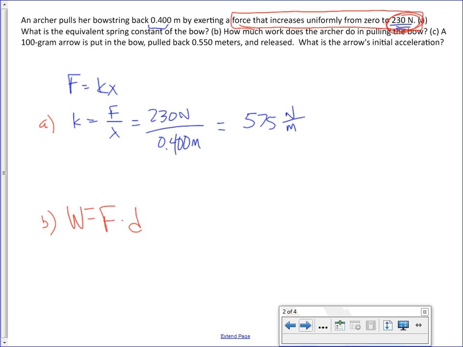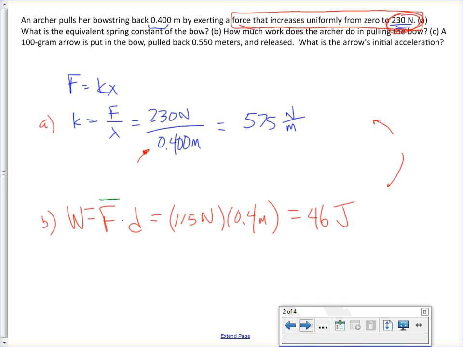So here's where we do have to use the average force. It's a non-constant force. That can be tricky. How do you know whether to use the average force or not? Well, here's the deal. This is kind of an instantaneous, almost, value.